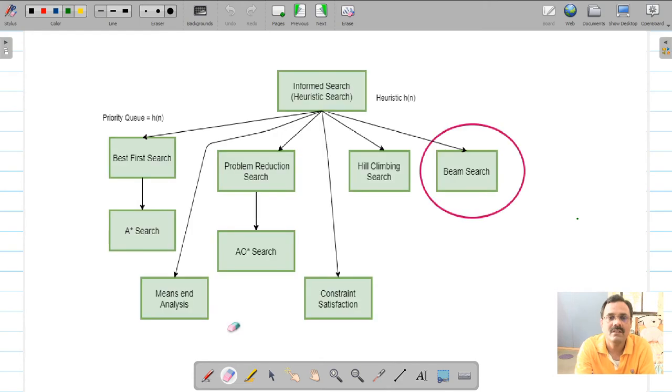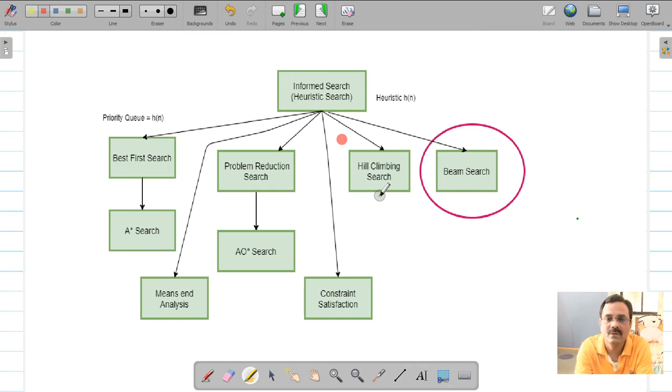So let us recall our hierarchy of algorithms. Informed search algorithms we have classified into different types. Initially we started with hill climbing search. In the hill climbing search algorithm, which uses a heuristic function, the current base node is explored, all its successors are checked, and then from those successors the best is found.